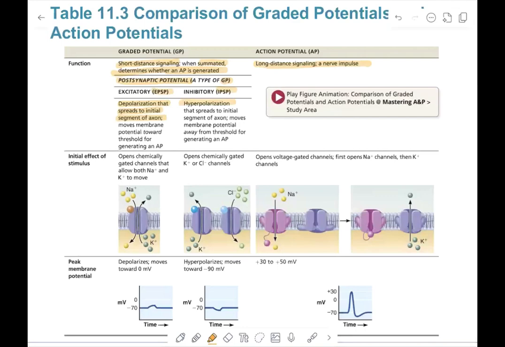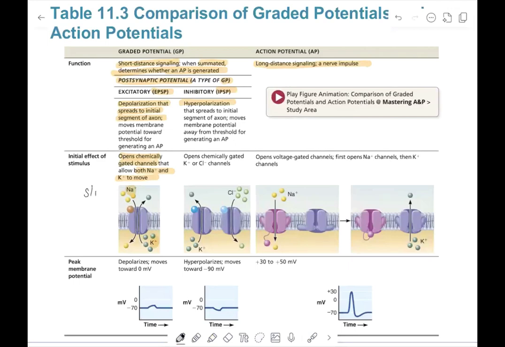Two examples of these are EPSPs, which open chemically gated channels that allow both sodium and potassium to move at the same time. This is different than action potentials. Remember, action potentials have a separate sodium gate and a separate potassium gate. In an EPSP, we have both sodium and potassium moving at the same time.